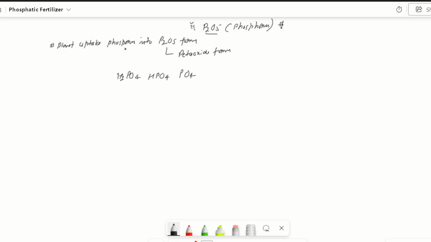H2PO4 minus, second one is HPO4 minus minus, and third one is PO4 minus minus minus.